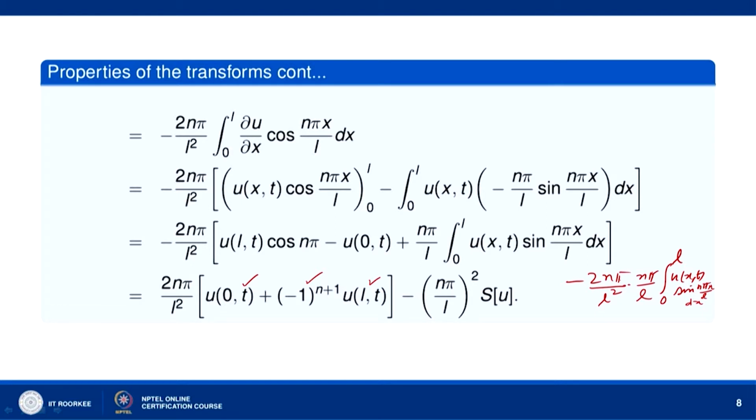If you can write this, you can write it as minus n pi over L whole square times 2 over L integral 0 to L of u x t sin n pi x over L dx.